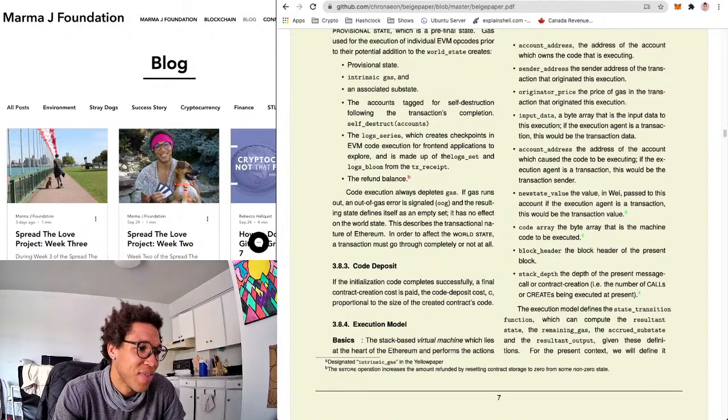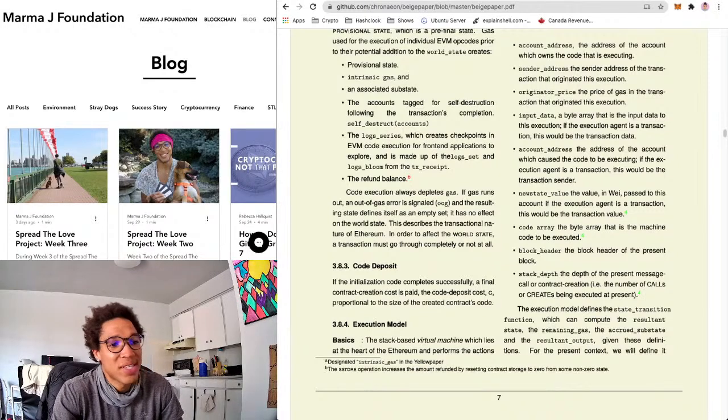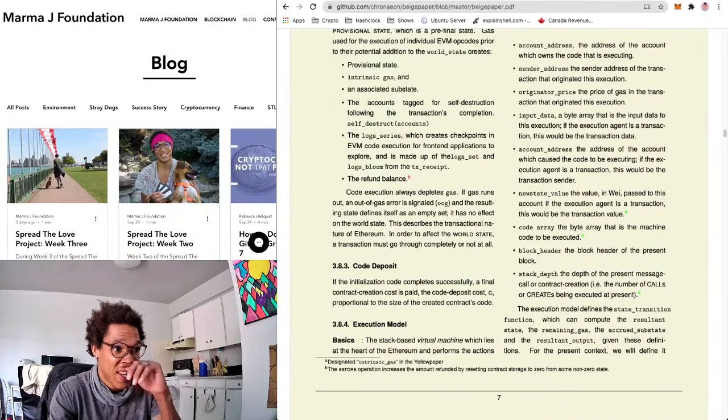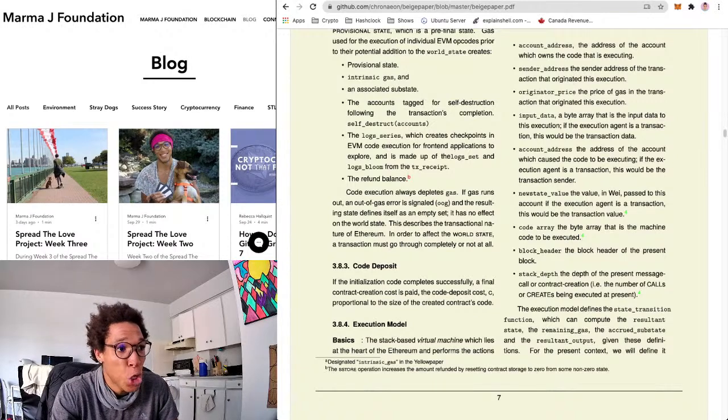Code deposit. If the initialization code completes successfully, a final contract creation cost is paid. So this is kind of giving you the outline of how you end up paying through things, right? Because you start with, you pay, right? This is the provisional state. This is the gas you're going to pay in the beginning, and then the refund balance. I think it's kind of cool.